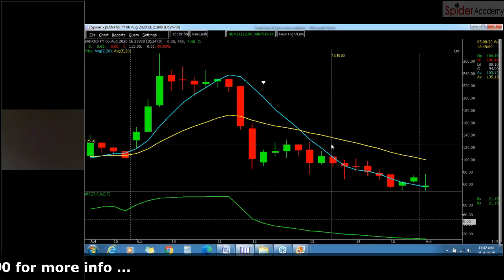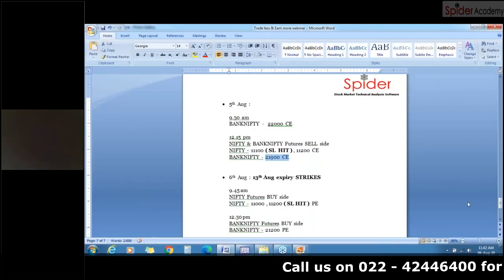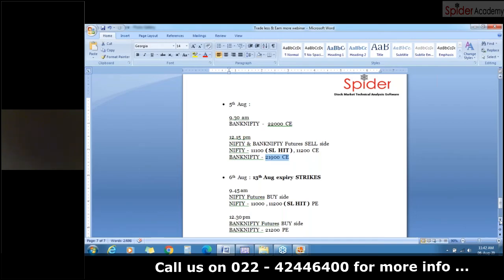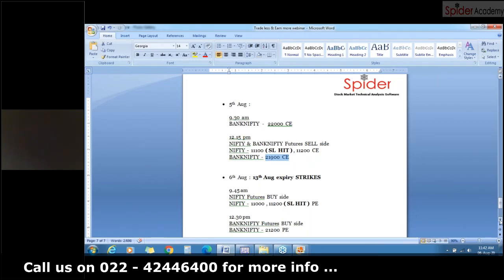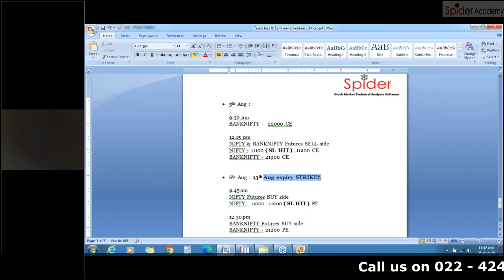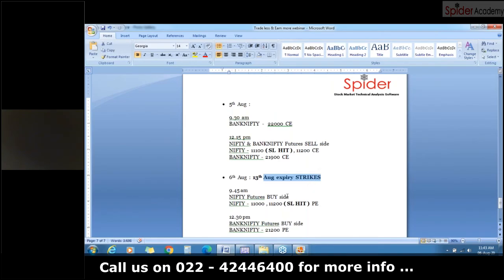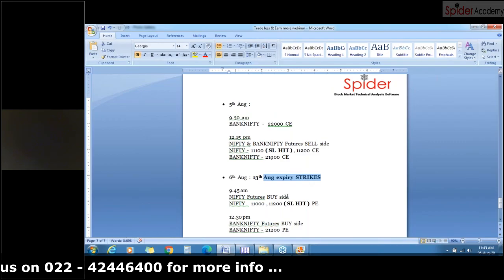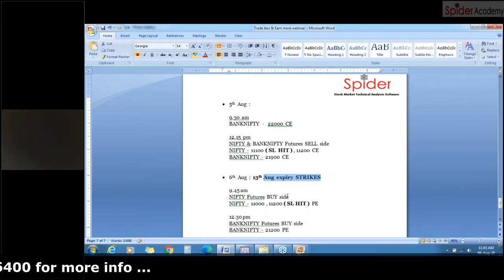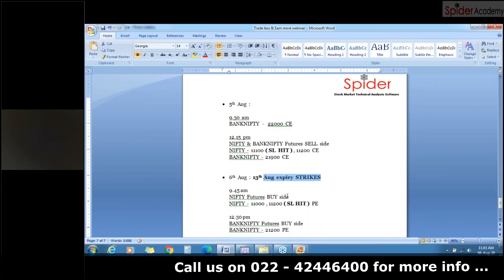After this, we will move to the 6th of August chart day. As we know, the 6th of August was the expiry day. On this day, we selected the 13th August expiry strike while scanning for the NSE derivatives OI query, because on 6th of August it was the expiry day and the premium rates were too little.